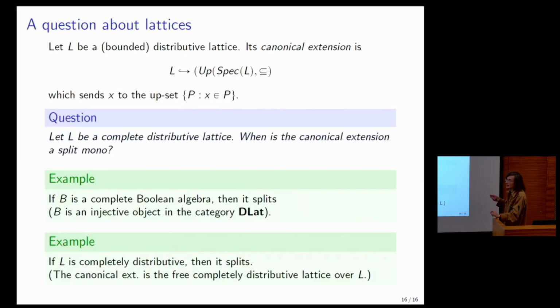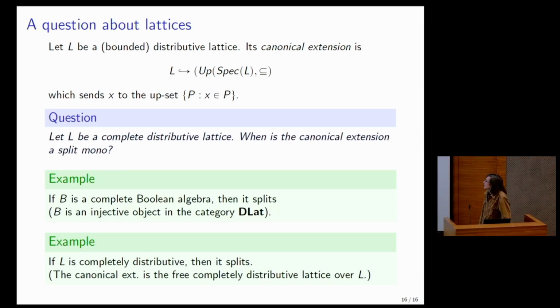And a question about lattices, maybe this is well-known, I don't know. Assume that you have some distributive lattice. Then its canonical extension is this embedding, that you embed it into the lattice of upsets of the spectrum, so prime filters with the inclusion as ordering. So it sends some element to those primes which contain that element.